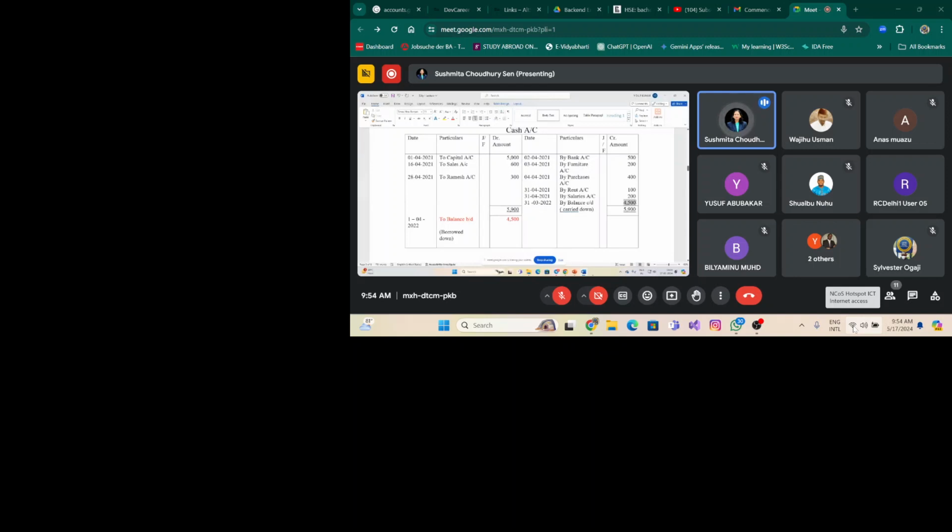And this is the closing balance of the previous year, and therefore this is the opening balance of next year. So right now, standing on 1st April 2022, this is the cash available in the cash box. And this is how we need to prepare all the ledgers, to put the balance available in that particular account.